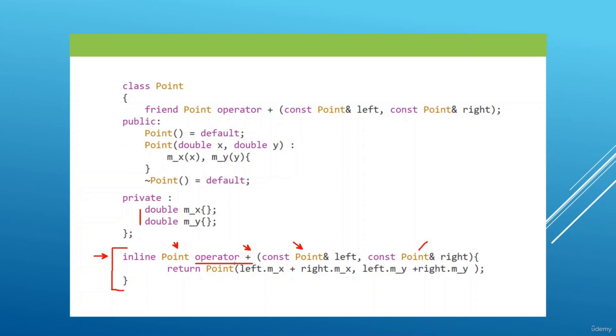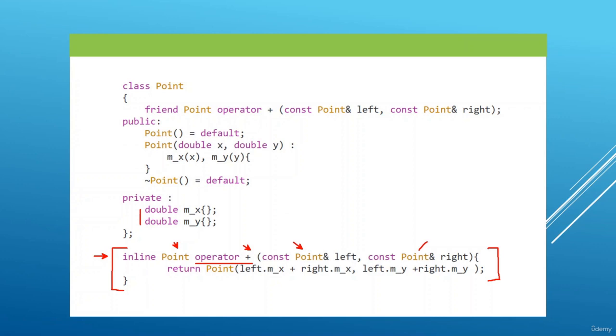Now, this operator function is going to need to access the private parts of our point class. And remember, again, this is not a member function. This is a freestanding function that is living in the global scope of this file here. So it doesn't really have direct access to the private parts of our point class here.